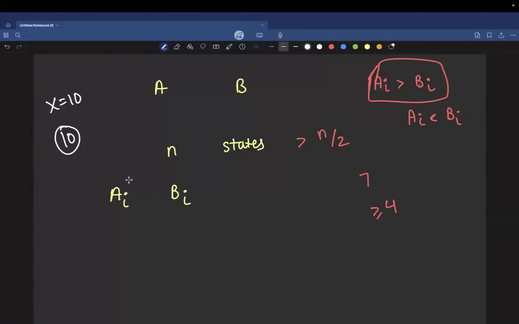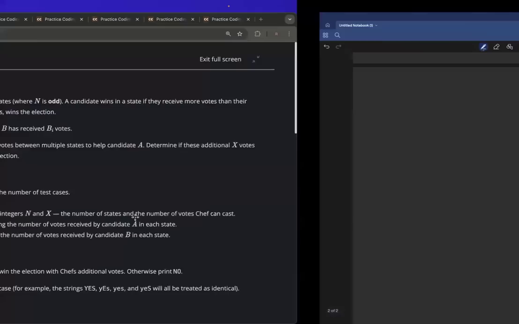He can increase the votes of candidate A or candidate B as per his choice, by some amount. So the results of the election in that state may vary after the changes made by Chef. We have to tell if Chef can make sure that candidate A wins. Maybe we can take one example.